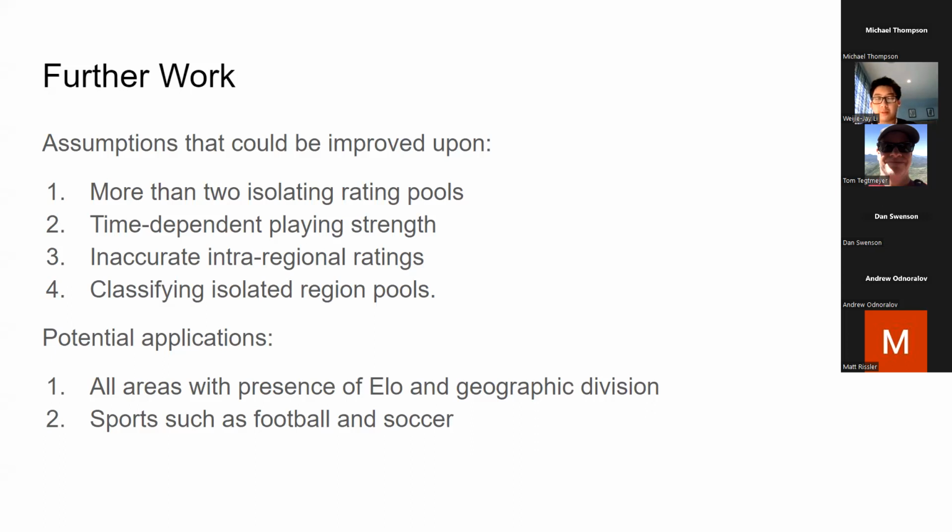For example, there could be multiple rating pools, and one could test how the system will evolve if this method is applied twice. There could also be a time-dependent player strength, where a player's strength changes with time a little bit. In the case of inaccurate interregional ratings, this method should still work for relatively small errors in the ELO ratings, but when the ELO rating has a big problem on its own, then this method will generally fail to correct it.